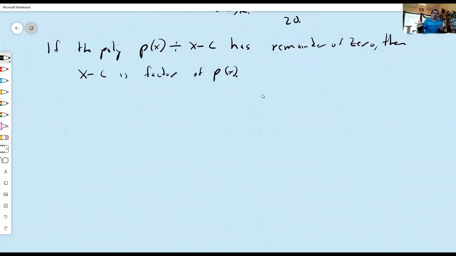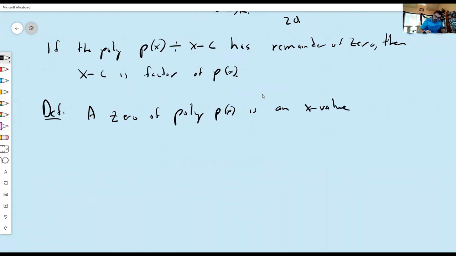Next, what is the definition of a 0? A 0 of a polynomial p of x is an x value such that p of x equals 0.